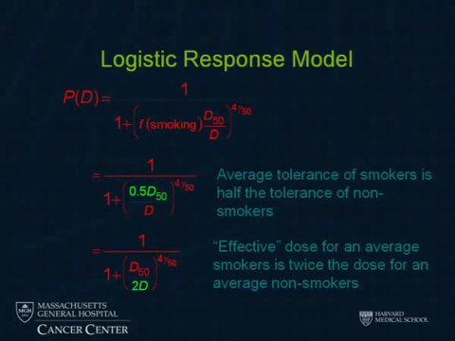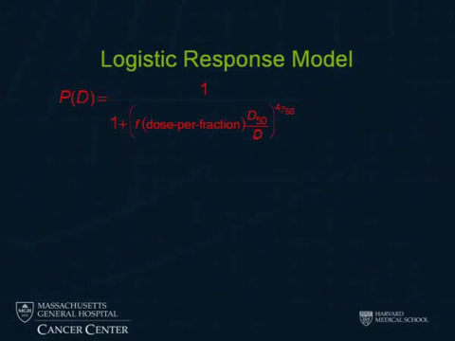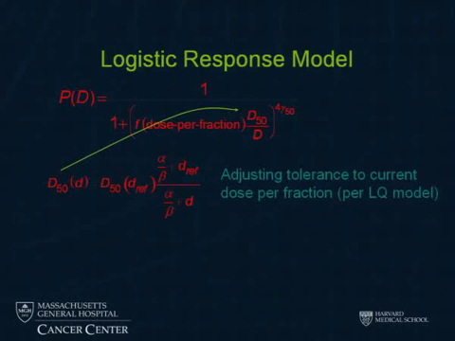Here you say, okay, I readjust my tolerance dose to account for smoking. Here you say, I adjust my treatment, my dose, to account for the fact that the guy that I'm treating is a smoker. The same for other factors. Let's say dose per fraction. You can say, okay, I adjust the tolerance dose to current dose per fraction if it's different. Let's say you're using 3 gray per fraction and you want to know in terms of 2 gray per fraction what it is.